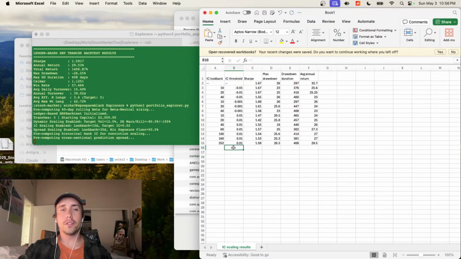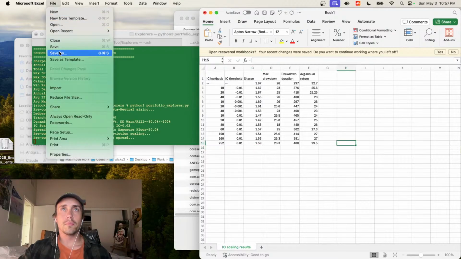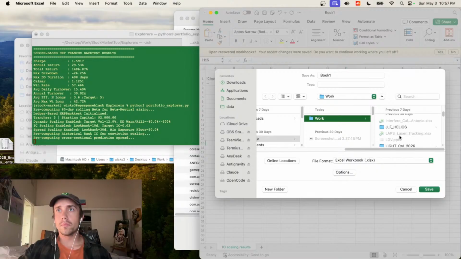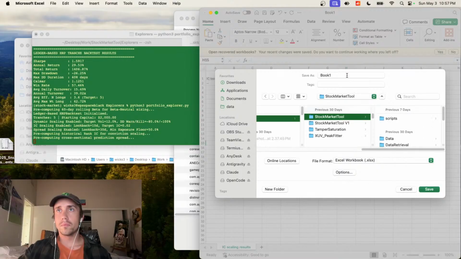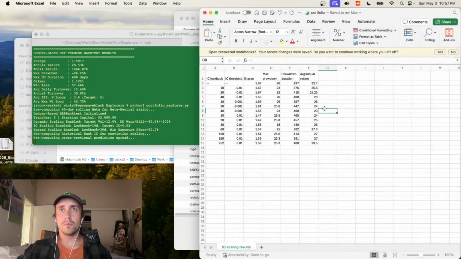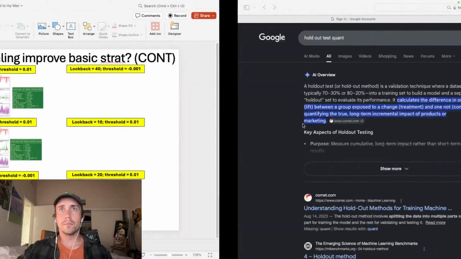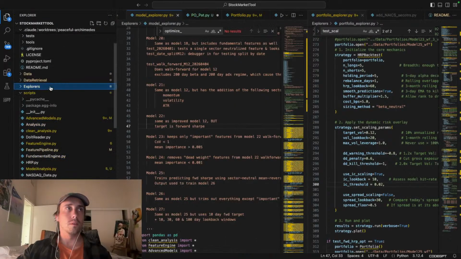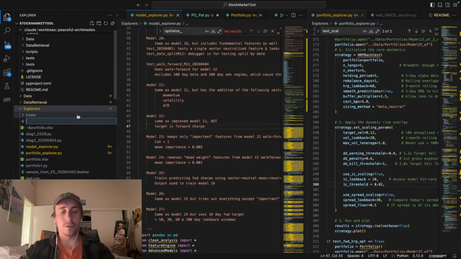Now, how do I do 3 different series? So in Explorers, let's make a new script.